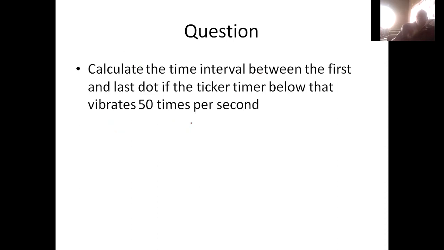And now we need to know how to calculate the time interval from the first tick to the last tick, from the first dot to the last dot, on a ticker tape timer that vibrates 50 times per second.